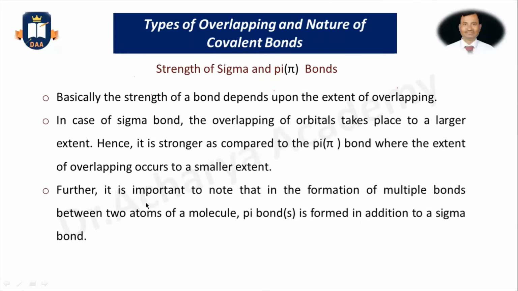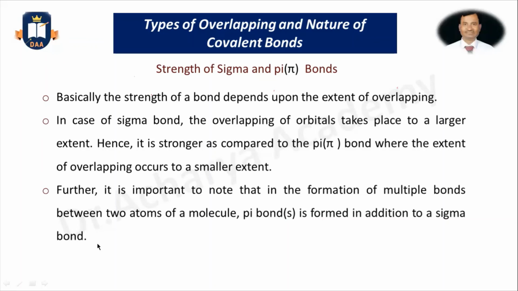Another important point is that in the formation of multiple bonds between two atoms of a molecule, pi bonds are formed in addition to a sigma bond.